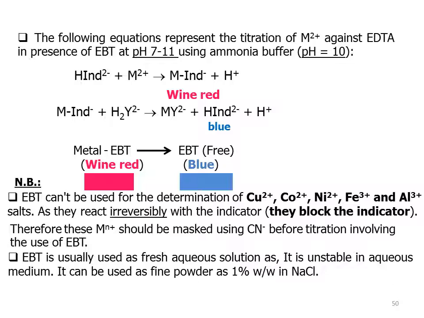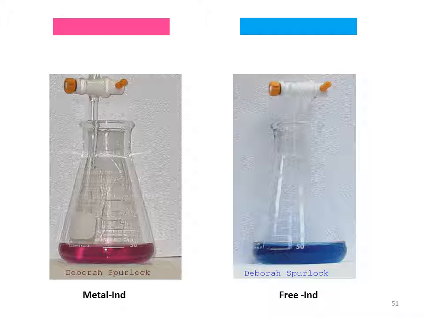EBT also should be used as fresh aqueous solution or fine powder. Here is the difference in color between the metallized form and the free form of the indicator.